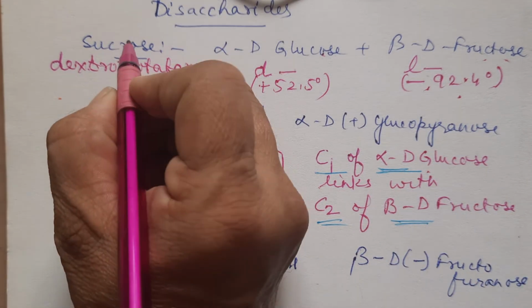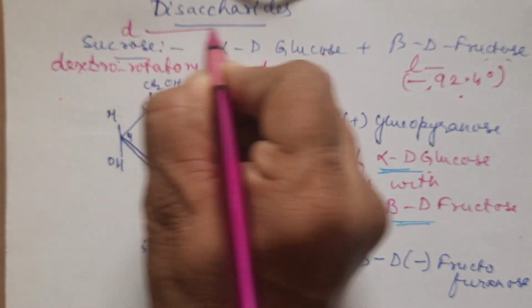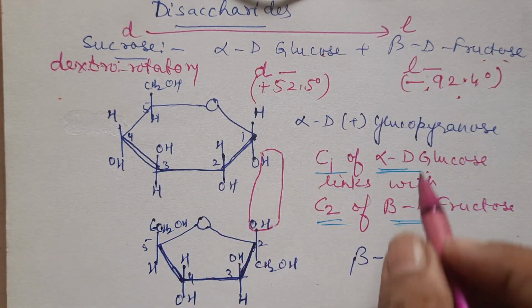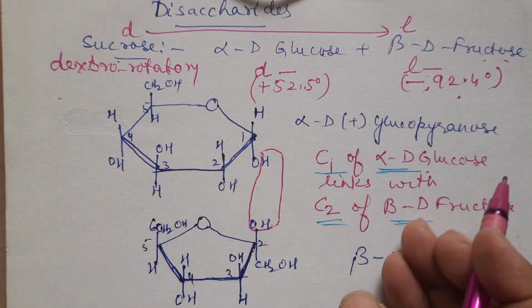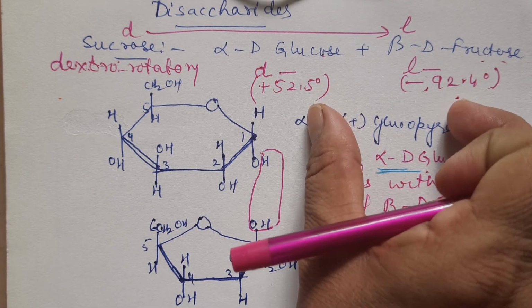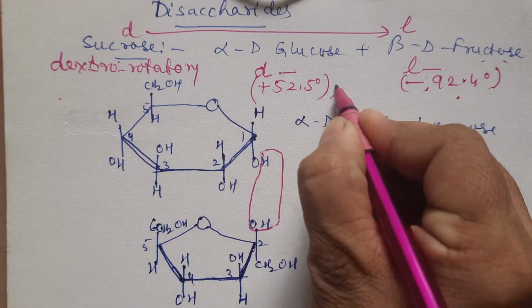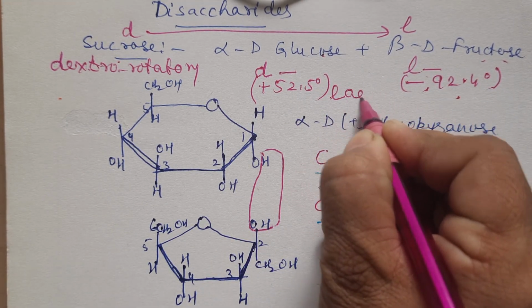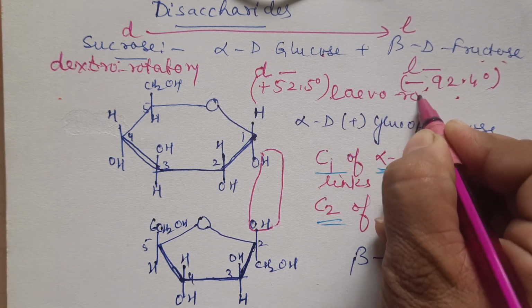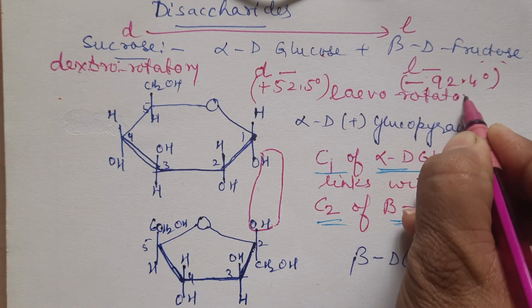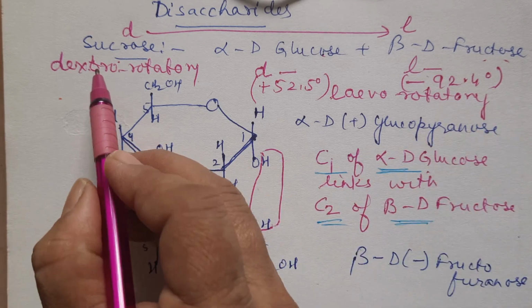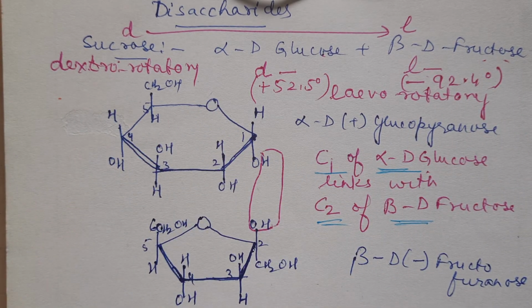That means the overall rotation is from dextro to levo, because the mixture overall is levo rotatory. That is why we also call this invert sugar.